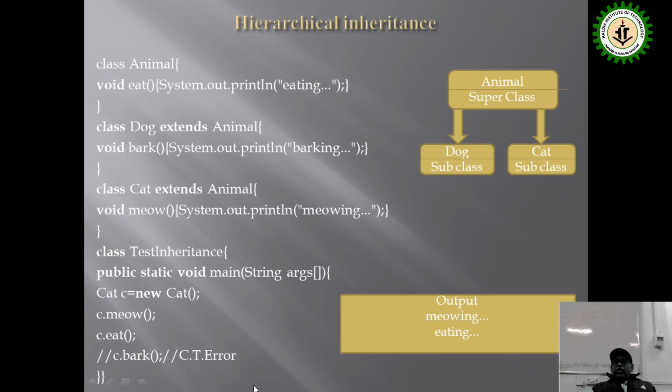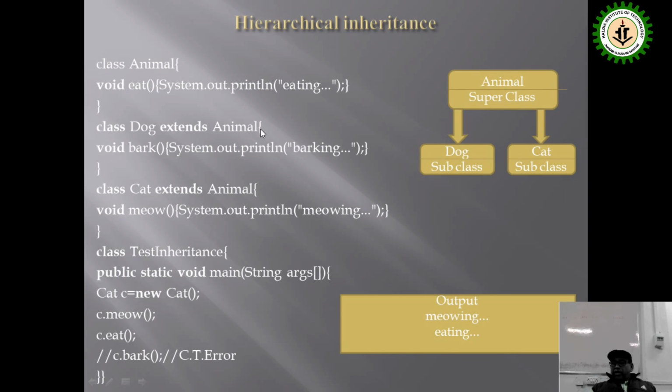Then an example of hierarchical inheritance. Class animal, eat is the method of animal, and I just define the method. Then dog is another class, a child class.